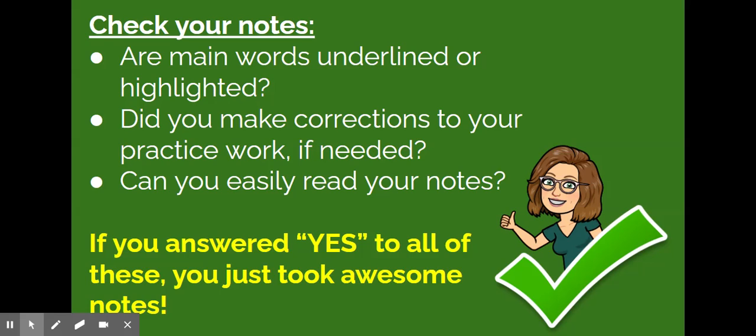Every time that I have to reveal something on a slide, you won't be able to see that on the printout or on the PDF. So you should write those answers down for your notes. Did you make any corrections to your practice work if you needed to? Can you easily read the notes that you highlighted or wrote down? And if you said yes to all of these, then you just took awesome notes.